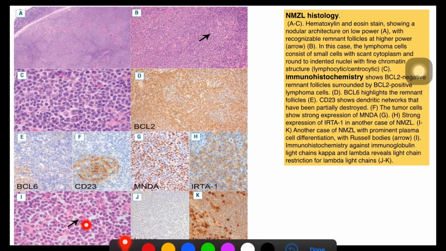Here you can see plasma cells, and in this differentiation you can see the Russell body appearance.